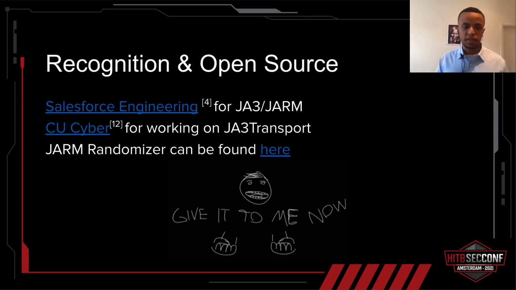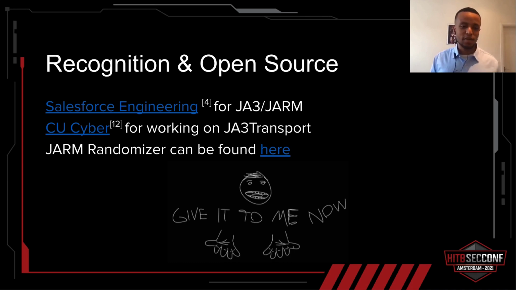Finally, we want to give amazing recognition to the Salesforce engineering team for JA3 and JARM. They have done an amazing job at identifying these phenomena and packaging them up and releasing them for the community. They also did a great job of documenting and coming up with cool GIFs as part of their blog, which I shamelessly borrowed for this presentation.